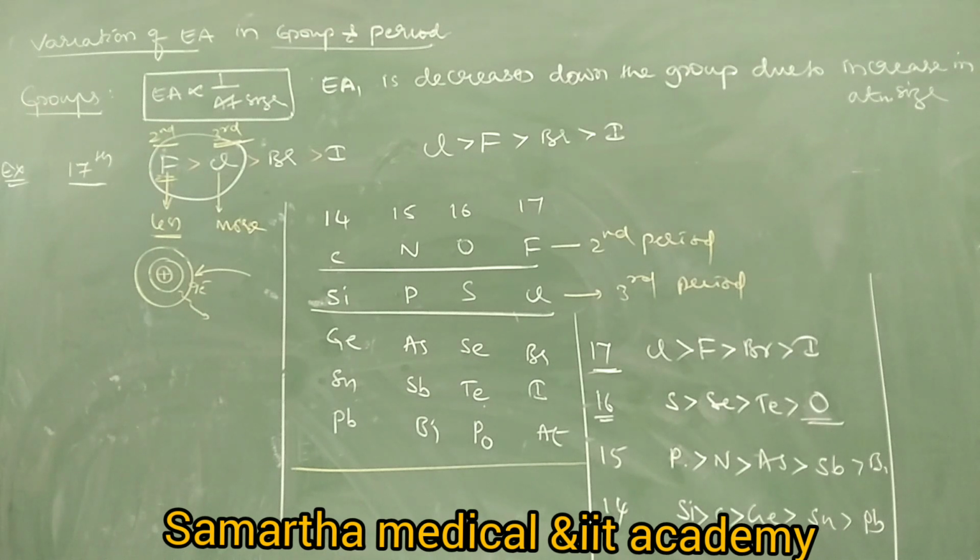This is because second period elements have small atomic size and more electron repulsions.